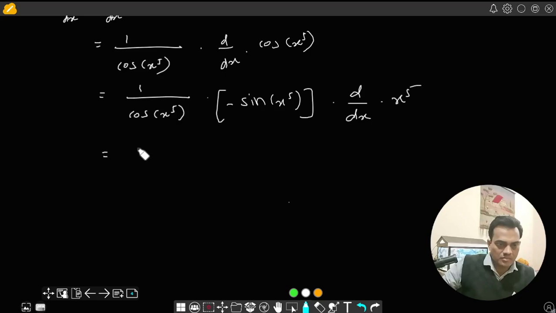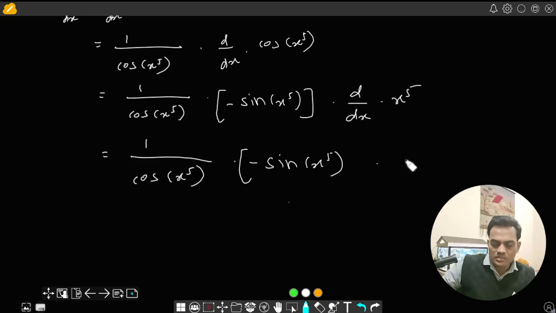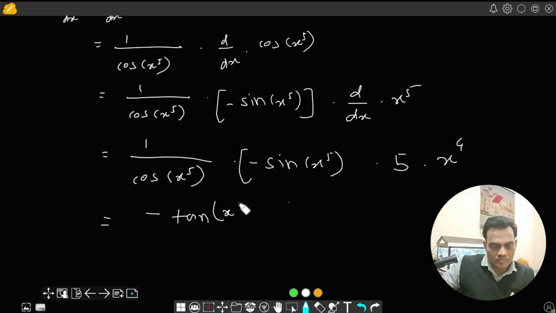So it will become 1 upon cos x raised to 5, and minus sine of x raised to 5, and the derivative of x raised to 5 is, power comes in multiplication, power will be reduced by 1. So this minus sign as it is, sine x raised to 5 upon cos x raised to 5 will become tan x raised to 5, which will be as it is, and x raised to 4 will be as it is.